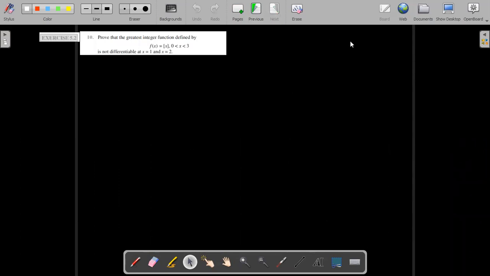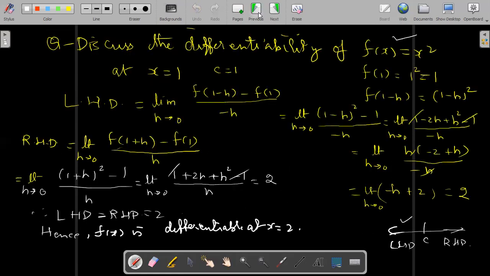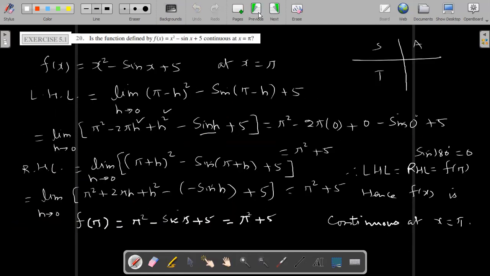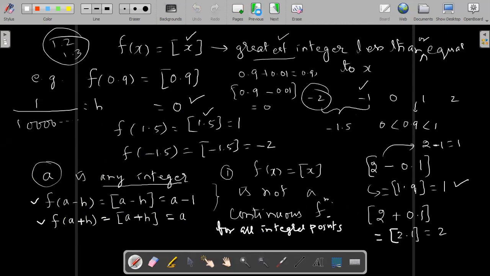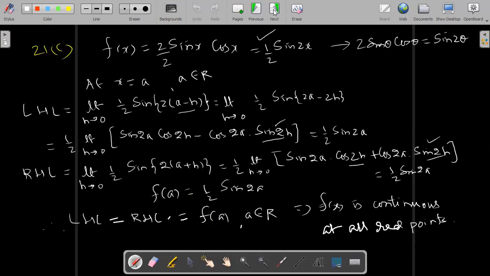So what we have seen: f(a minus h) will be equal to a minus 1, and f(a plus h) is a.